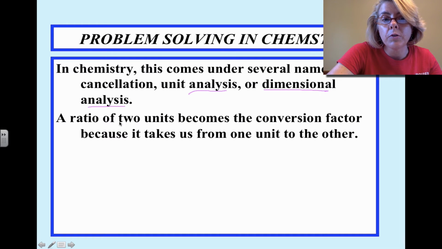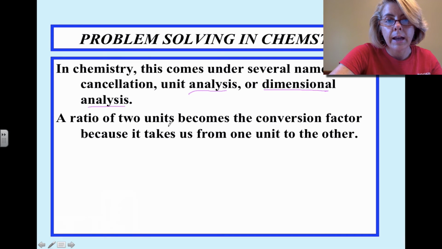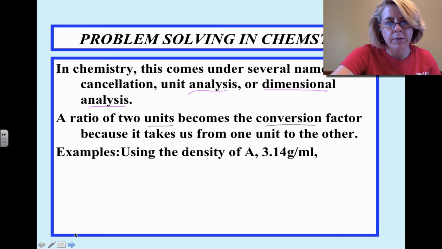Essentially, you're going to take 2 units and combine them into a fraction, and they become your conversion factor. And the nice thing about the conversion factor is you can manipulate measurements from one conversion to another, and this will make more sense in a minute.